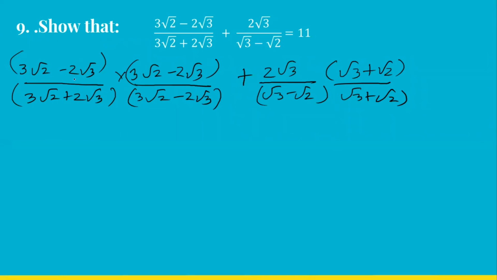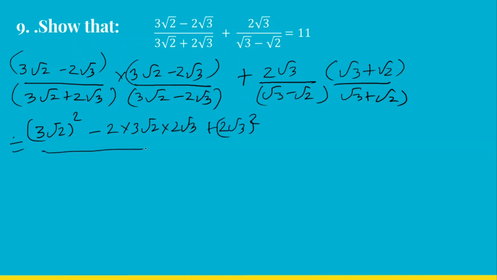Now (a minus b) the whole square. So we get (3 root 2) square, that is a square, minus 2ab, minus 2 into 3 root 2 into 2 root 3, plus b square, that is (2 root 3) square.